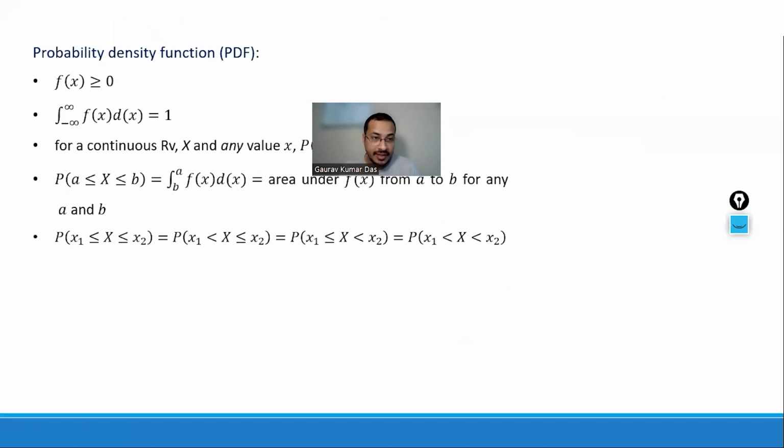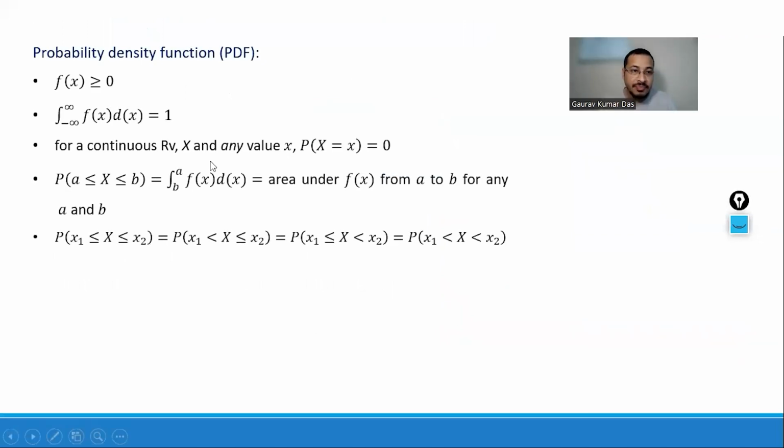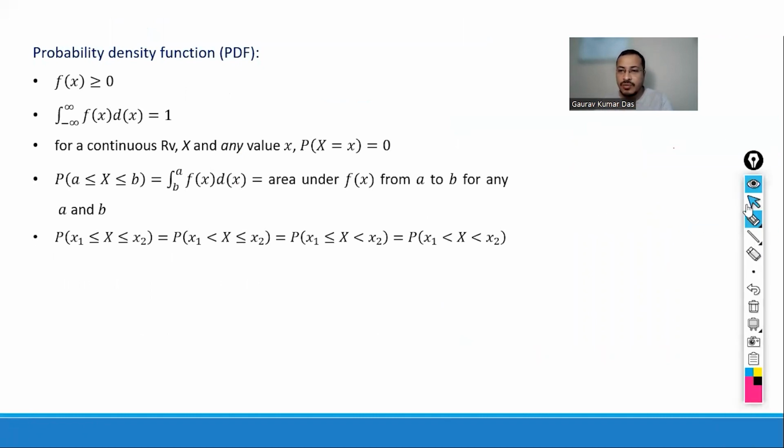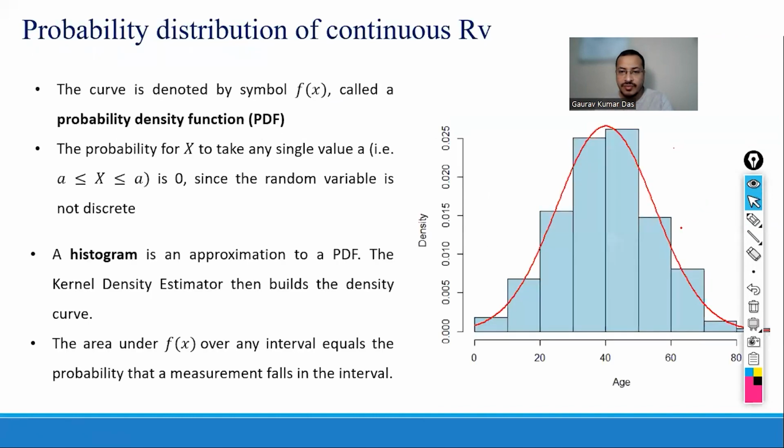So what do I mean by that? It simply means that the probability density function, the PDF, will always be greater than or equal to 0, of course, and the area under the total curve, from minus infinity to plus infinity, will always be equal to 1. That simply means total probability. So the entire area here, the probability will be equal to 1.